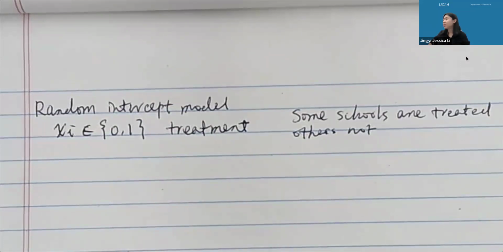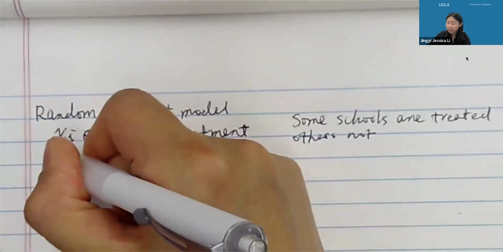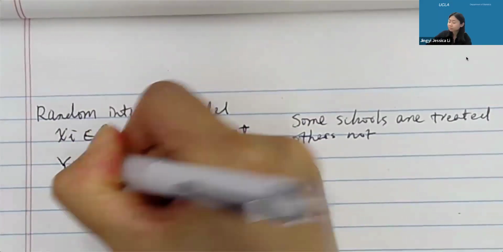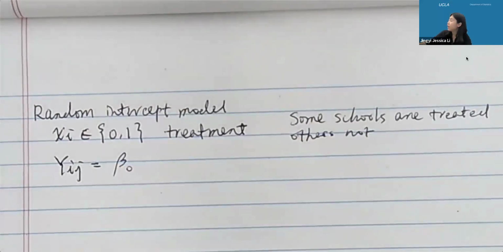Okay, so in this case, you can see that xi's effect is our major interest. But besides this xi's effect, we must consider that students from different schools may be different. So therefore, in the linear model, again, for yij, besides the common intercept, now we need to have an effect just for the treatment.